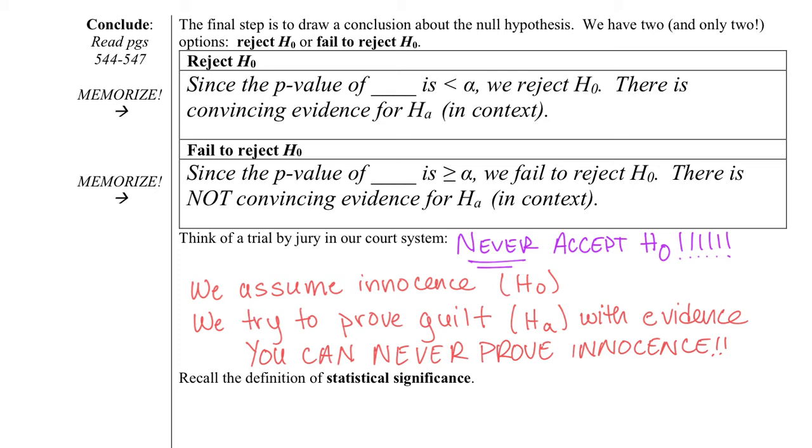Same thing with these statistical tests for significance. We assume that the null hypothesis is true, and we're trying to show enough evidence that we can then say, nope, I believe this is true instead. So that is the same concept, just like a trial would do, assuming the null hypothesis is true unless we can prove something else is true.